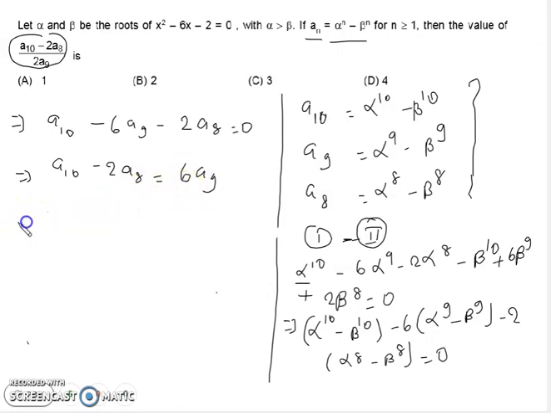And we have to find (a10 − 2a8) divided by 2a9, so sending 2a9 to the other side, 6 divided by 2 becomes 3. So the value will be 3, guys, right? So you can simply say that it will be the correct answer.